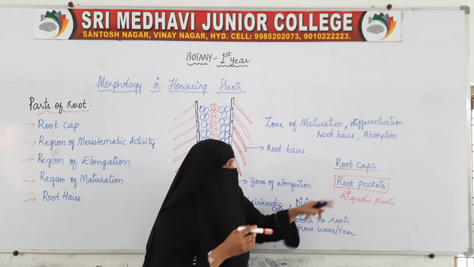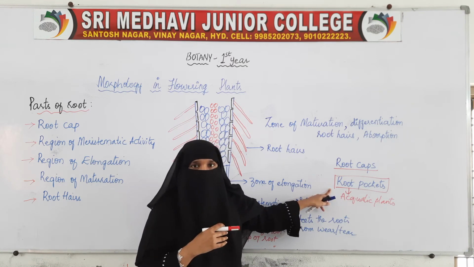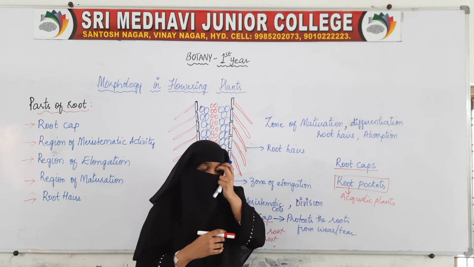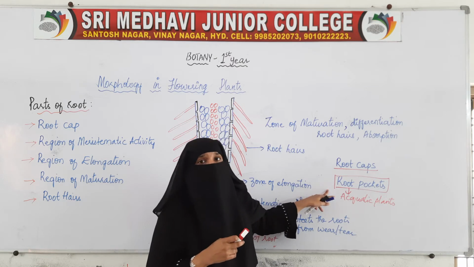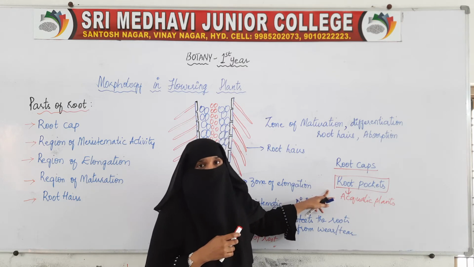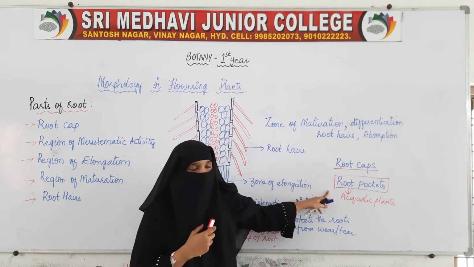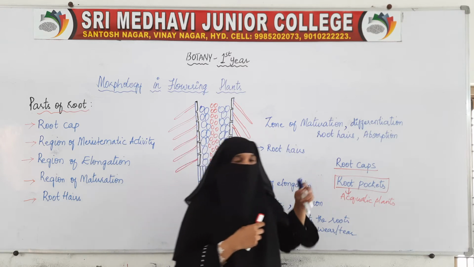These root pockets help the plant to float. They provide buoyancy, with parenchyma inside the plant. So instead of root caps, root pockets are seen in aquatic plants, whereas the plants which we find on land, the terrestrial plants, will have root caps.